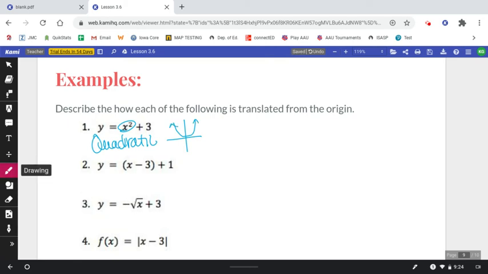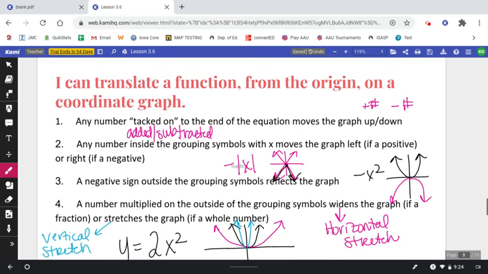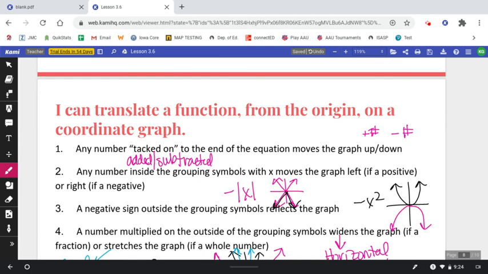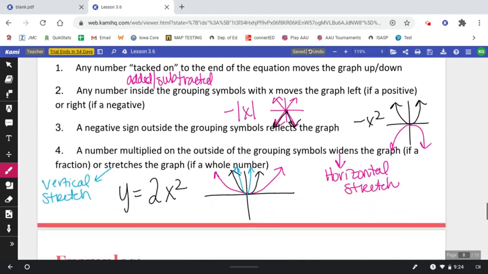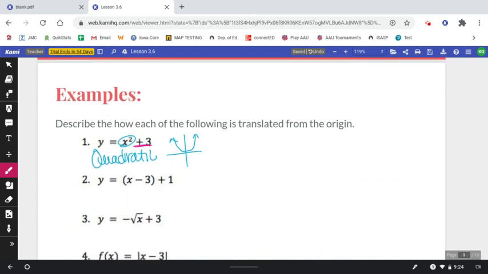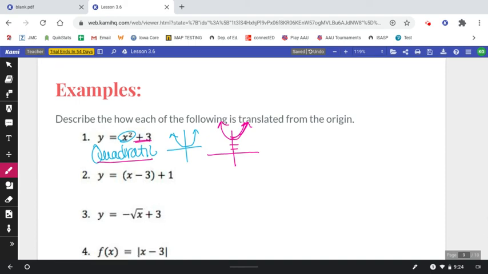Now this quadratic is different because tacked on to the end of it, that's going to follow rule number 1: any number added or subtracted to the end of the equation moves the graph up or down. So because this is a quadratic and the plus 3 is at the end, it's going to take the parabola and move it up 3. And so when it says describe each of the following, it's a quadratic, and then I would say I can just use an arrow up 3 from the origin.